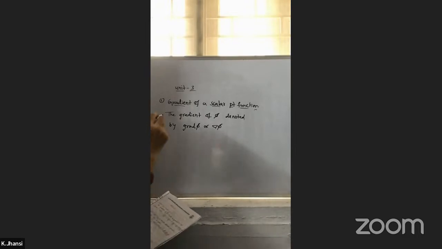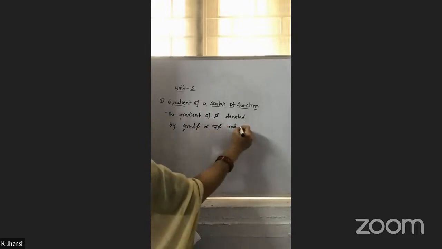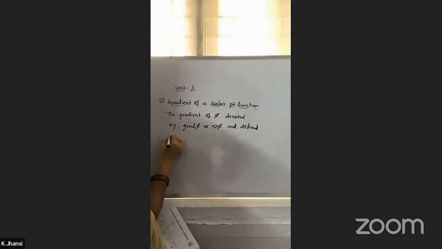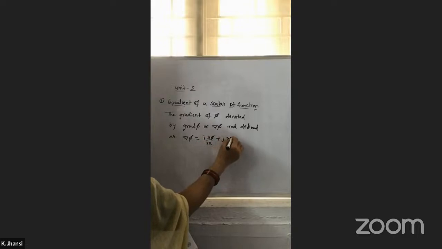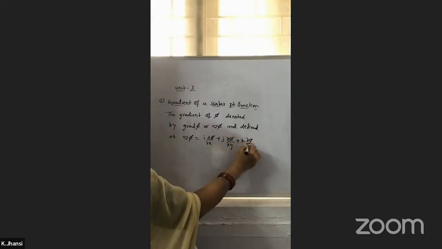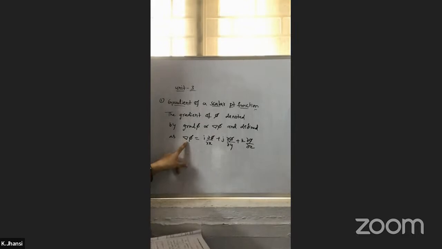It is defined as del phi equals i dou by dou x of phi plus j dou phi by dou y plus k dou phi by dou z. So this is the definition of gradient of a scalar point function.